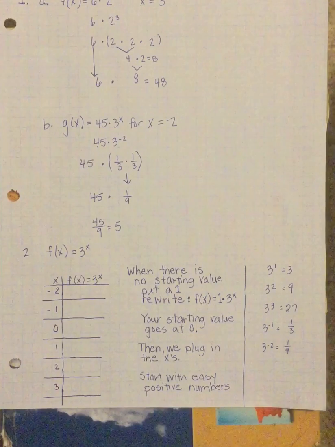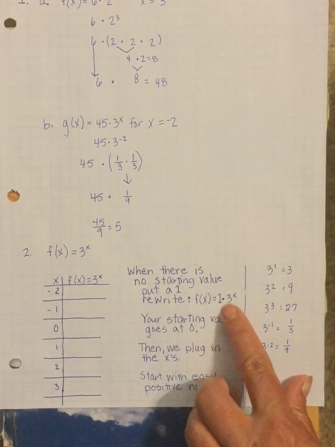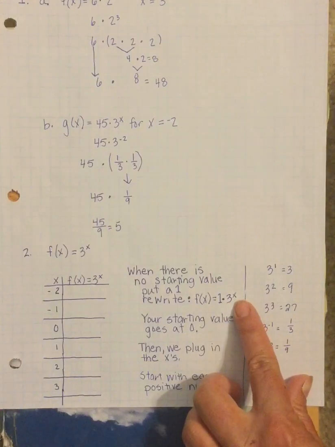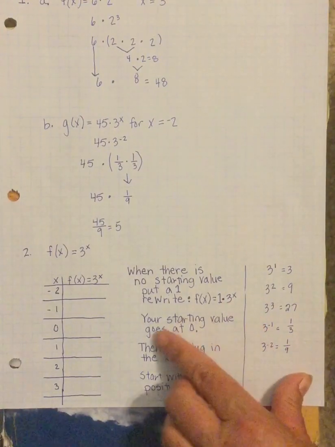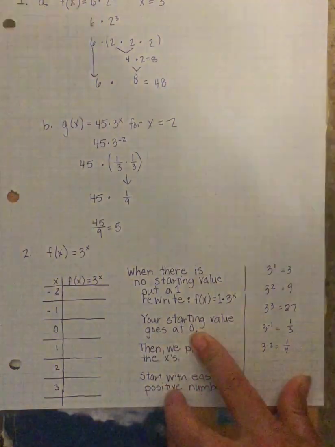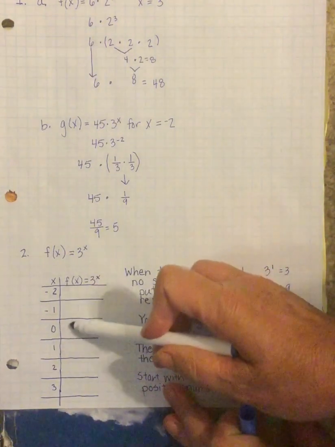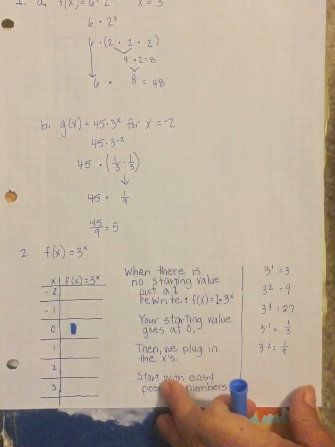So you're going to rewrite it: f of x equals 1 times 3 to the x power, okay? And your starting value goes at 0. So I'm going to put the 1 right here, okay? So there's my 1, okay?